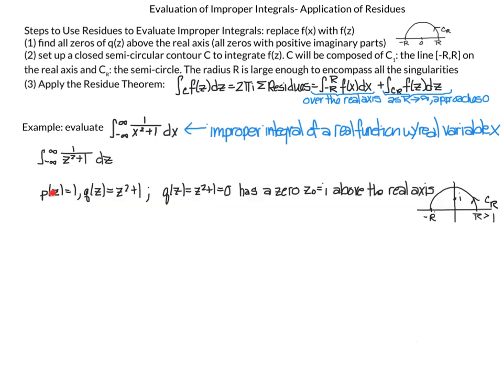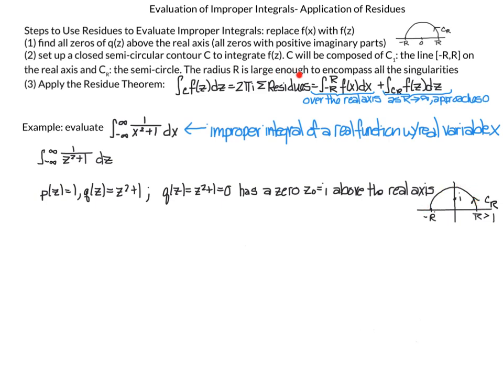I'm going to move our notes about p of z and q of z up here so we have more room. And the next thing we want to do is set up a closed semicircular contour to integrate f of z over. So C, our closed contour, will be composed of C1 that goes from negative R to R on the real axis, and then CR is going to be our semicircle over here.